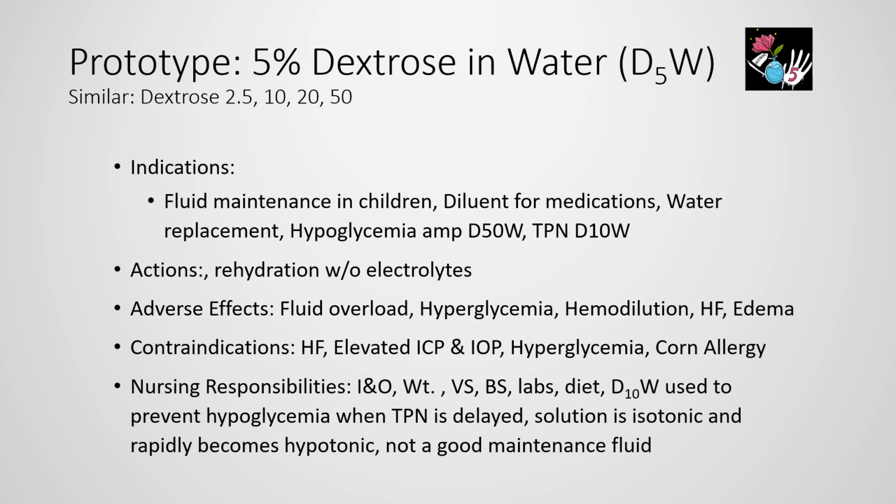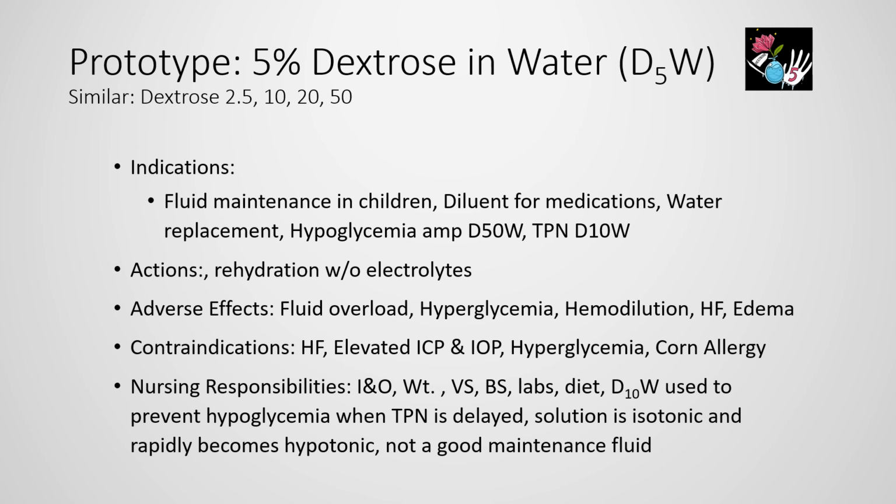Well, 5% dextrose is sometimes used as a maintenance solution in children. Children have very low glycogen stores. They run out of glycogen very quickly. So we have to make sure that they receive some kind of a dextrose solution so that they don't become hypoglycemic. And 5% dextrose is just fine as a maintenance for children.